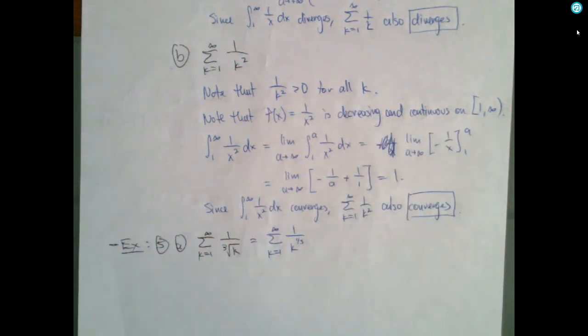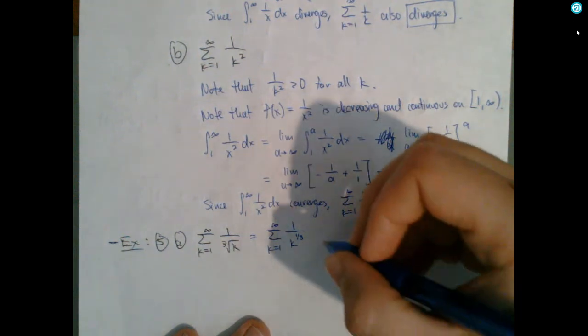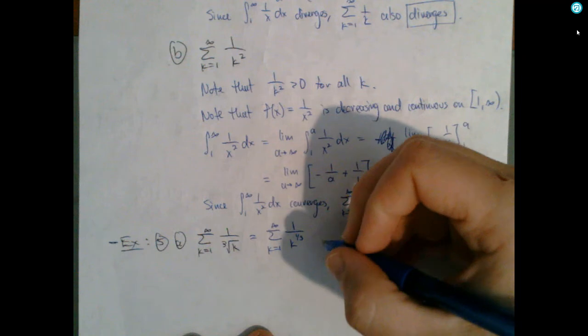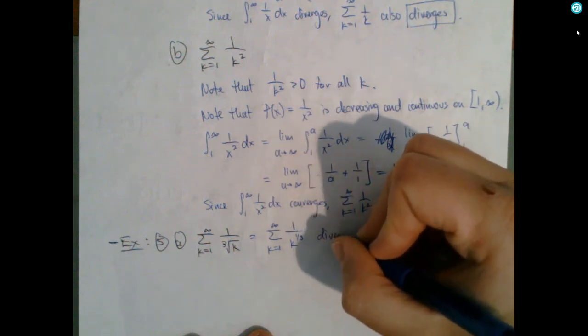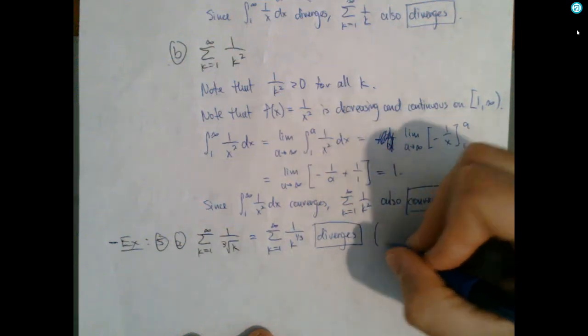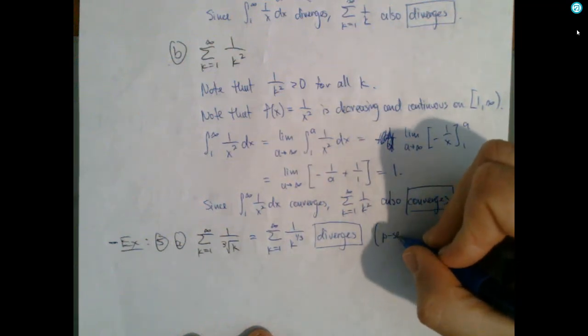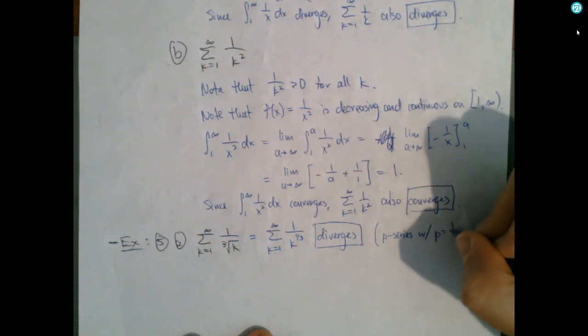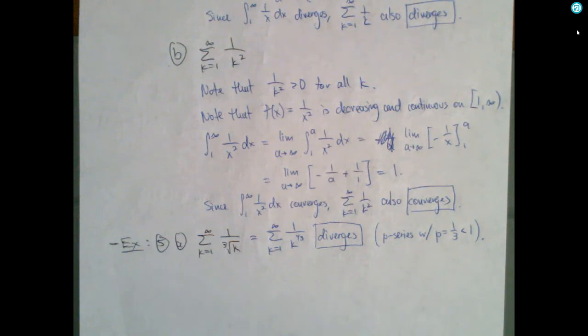Cube root of k is the same thing as k to the 1/3 power. So this is going to diverge. It diverges because it's a p-series with p equals 1/3, which is less than 1.